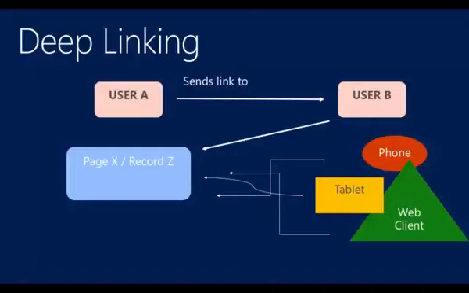Same with tablets, it could be a Windows tablet, or an iPad or an Android device. So nowadays we can't always just send a link and then assume that user B can run it. We may need to make sure that there's a link available for any of the devices user B might run this link on.